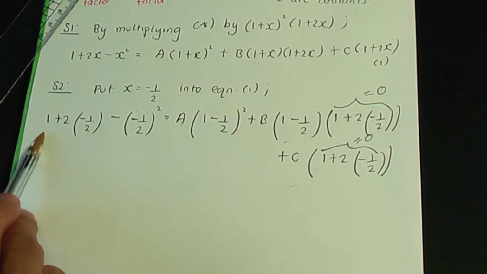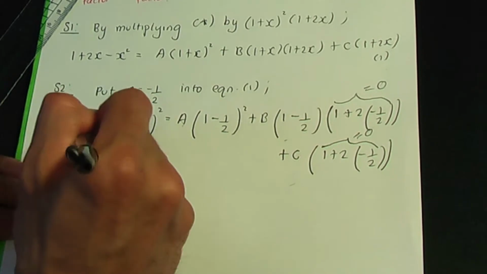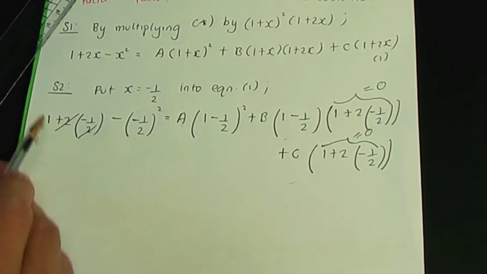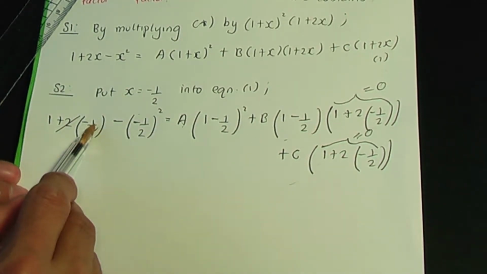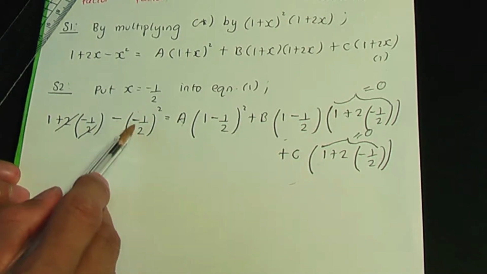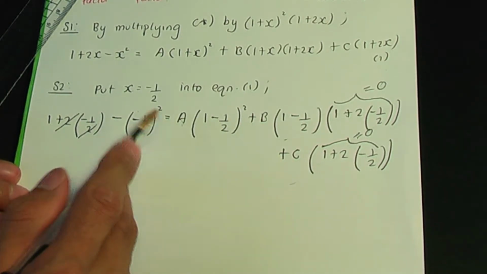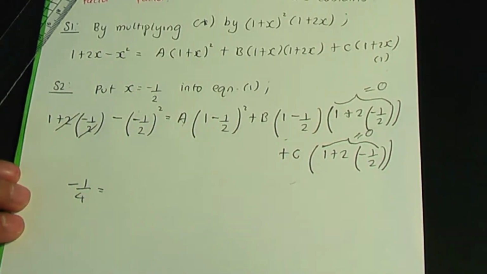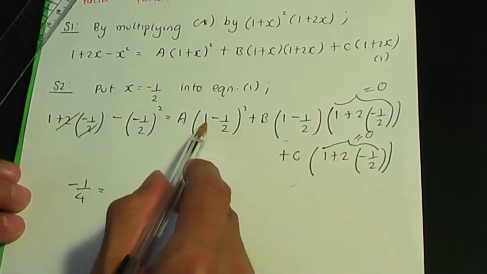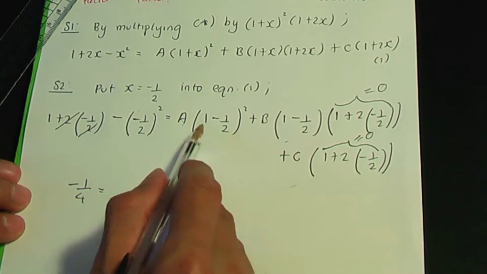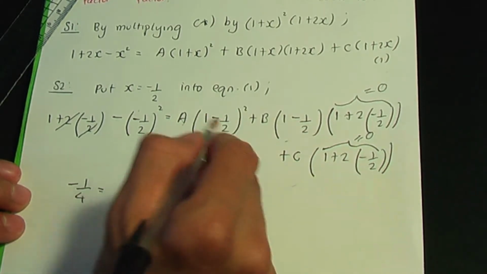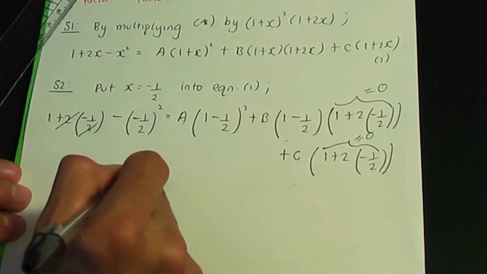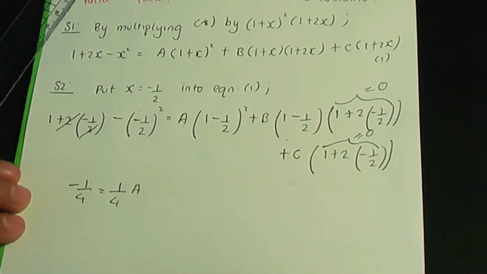On the left hand side, these twos can cancel. So you're going to have 1 minus 1, which is 0, and minus into minus half squared will give us minus a quarter on the left. That is equal to 1 minus half is half, half squared is a quarter, times a is a quarter a.